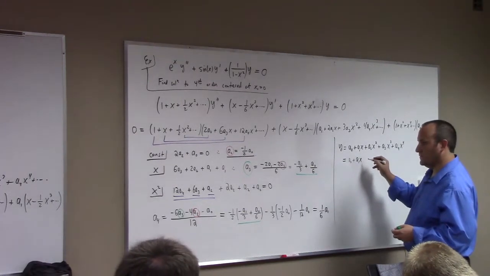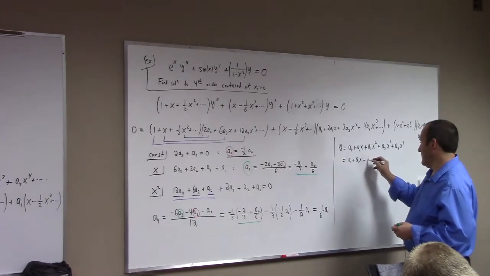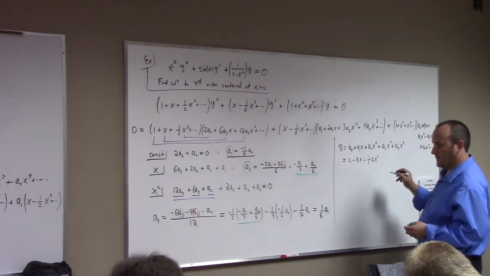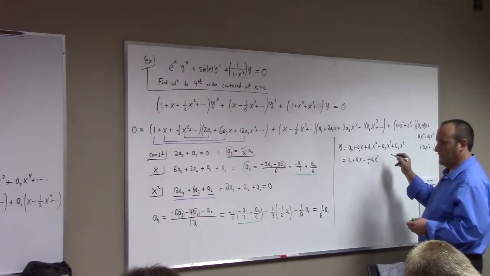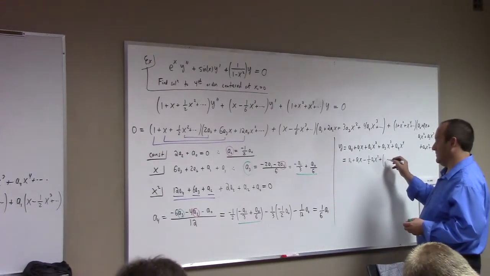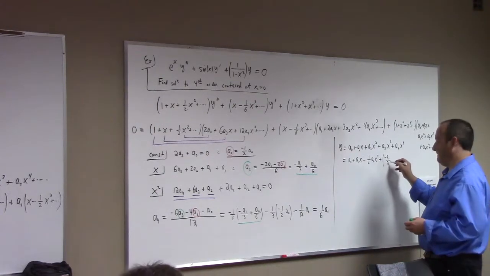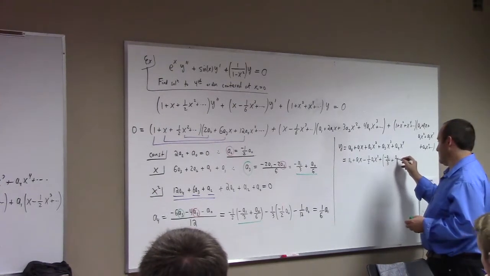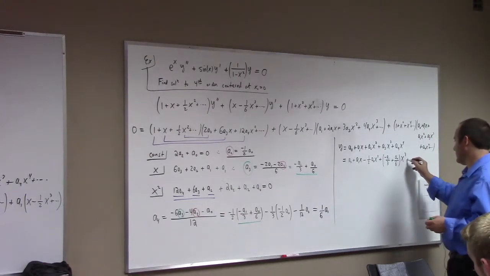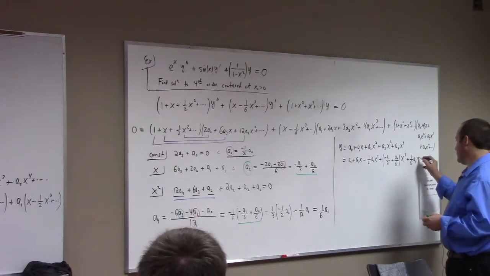What's my a2? Minus 1/2 a naught x squared, yeah. And then a3 is the interesting one, actually. A3 is minus a1 over 3 plus a naught over 6 x cubed, and then finally plus 1/6 a1 x to the 4th.